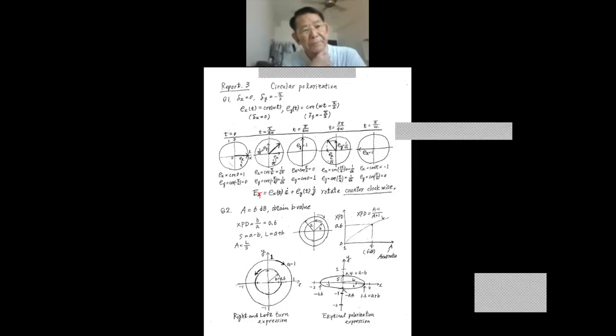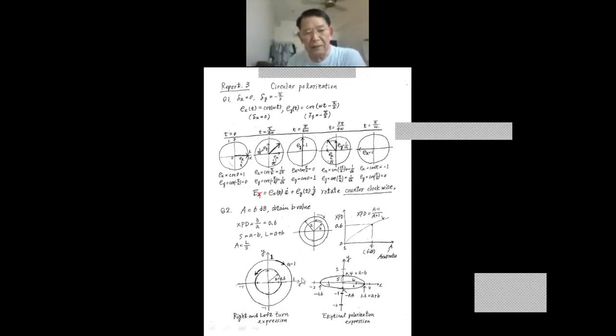So polarization depends on the type of antenna that we use, right? Yes. For circular polarization, it is not as easy as linear polarization. Linear polarization is very simple, vertical or horizontal.